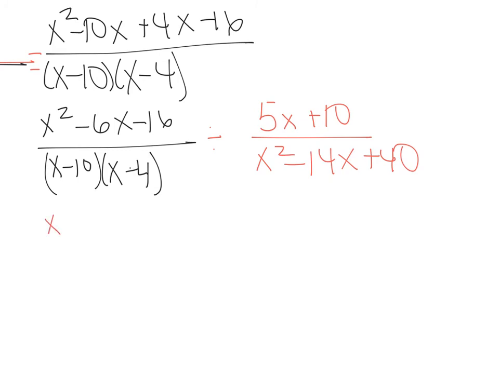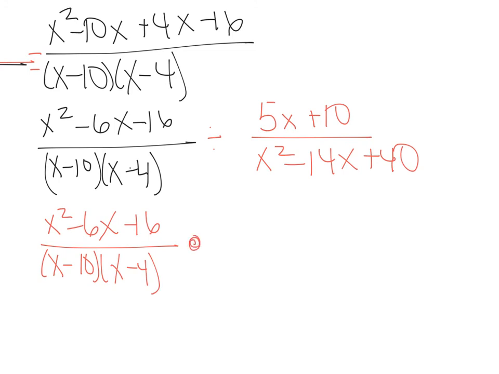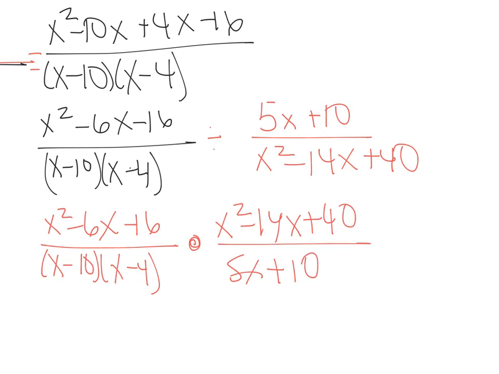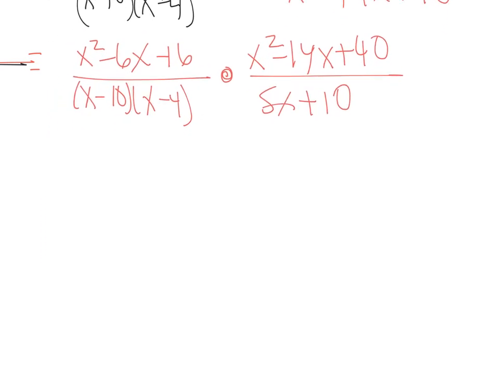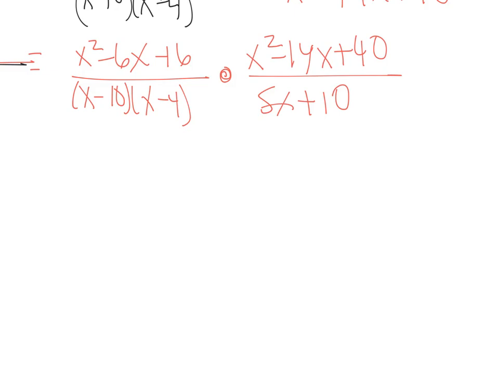So the first fraction stays exactly the same, the sign in the middle changes to multiplication, and then the second fraction flips. Okay, now we can start factoring and dividing out like terms or common factors.